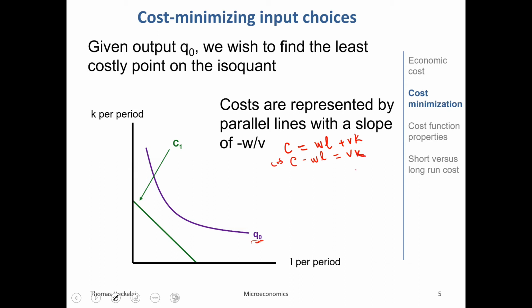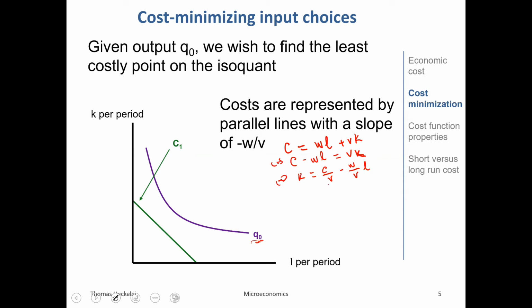And now we divide both sides by V. So we have K equal to C over V minus W over V times L, right?